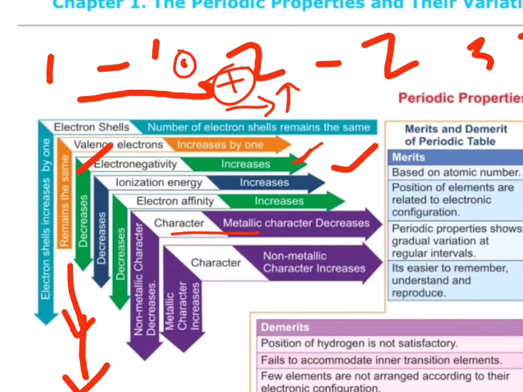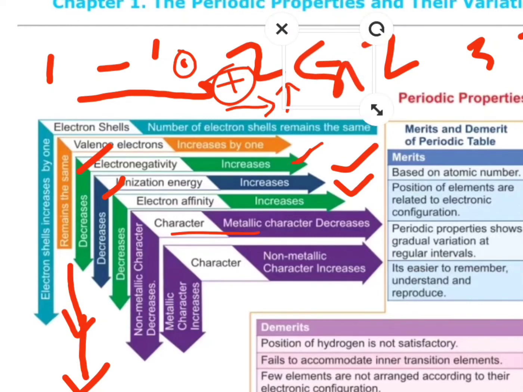Next factor is IP, or ionization energy or ionization potential. Ionization potential or ionization energy means the minimum amount of energy required to remove one electron from an atom. It is inversely proportional to the size of the atom.